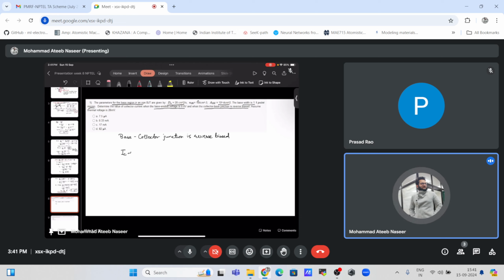I think you must have gone through these things: it is Q times the area times Ni square, divided by the base width times NAB. We will relate this expression to the minority carrier concentration times Dn, which is the diffusion coefficient of the electrons, times exponential of Q times VBE by KT and so on.